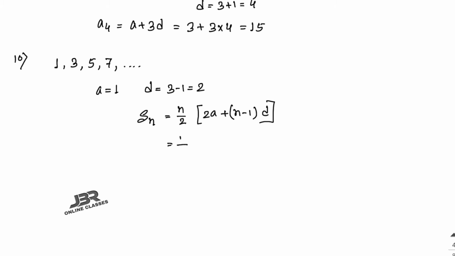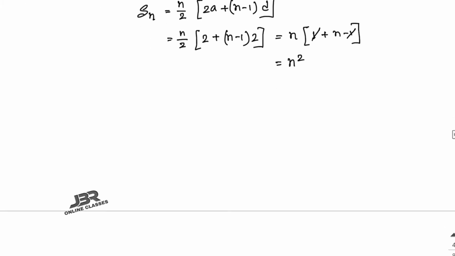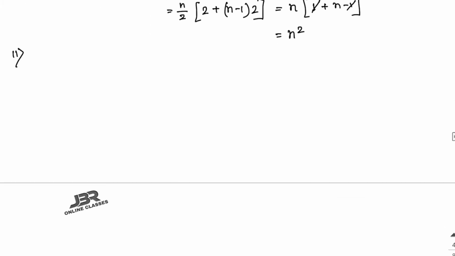So here you can write n by 2, then 2 into 1, that means 2, n minus 1, and d means again 2. So that means n, then 2 multiplied with this one becomes 1 because 2 cancels out, again n minus 1. So again 1 cancels out, so your answer is n square.